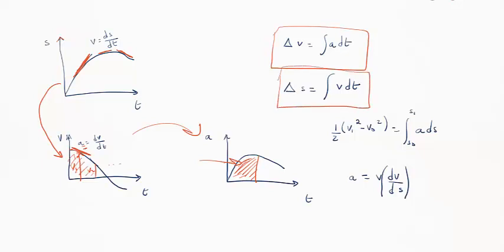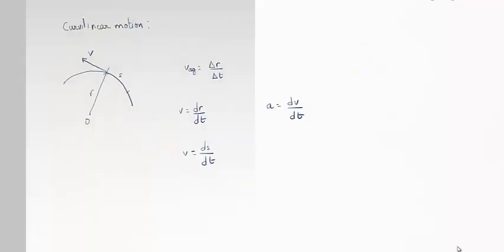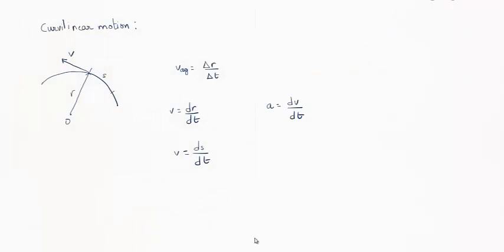That gives us the graph, and then we have these two useful equations, which are derived from the previous equations. We're not going to do any examples on those because they're fairly simple. You usually get the graph and then they ask you to get the delta s or delta v or whatever.